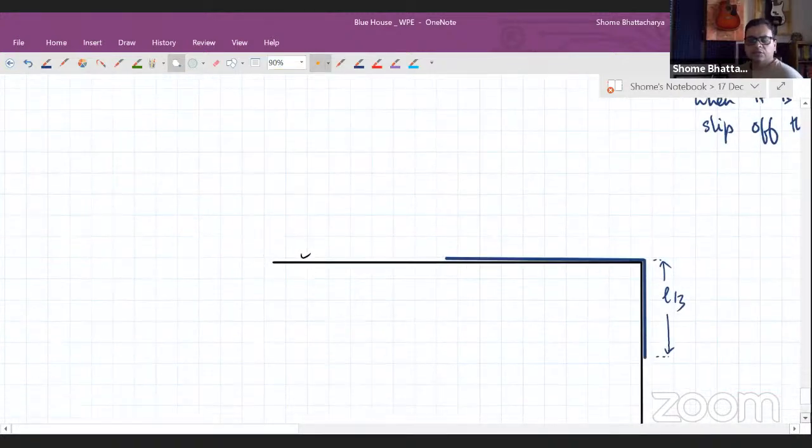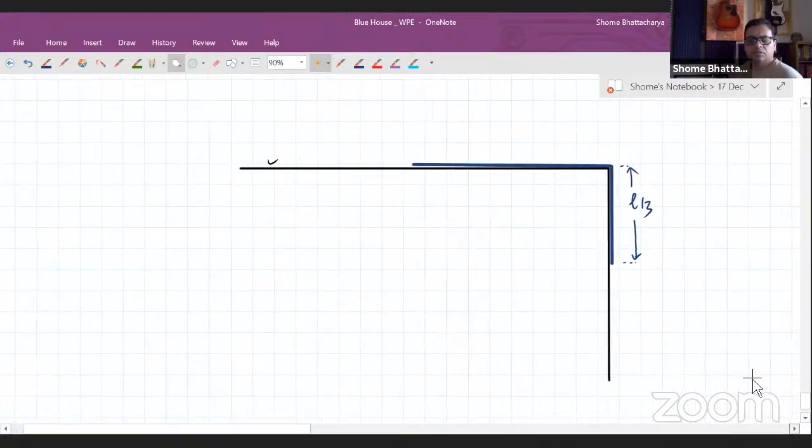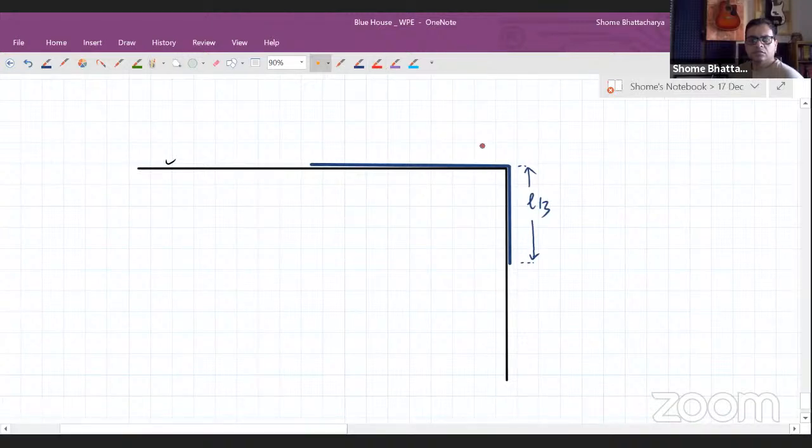The condition for it to just start slipping is that this horizontal acceleration here and this vertical acceleration A is just about tending to 0.